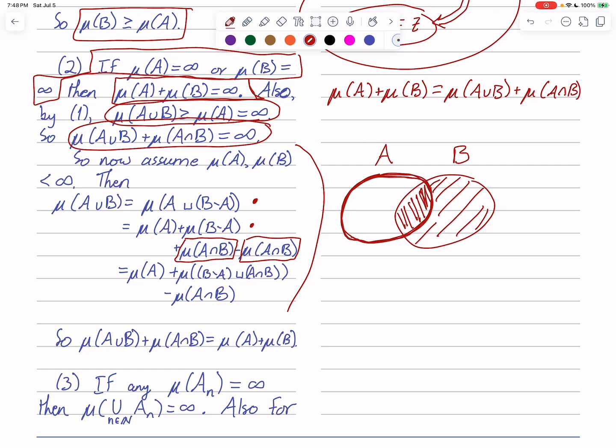Now, I do want to point out while we're here that I can only do this move because the measures are assumed to be finite. If they were infinite, we might be looking at an infinity minus infinity case, and that is not defined. So anyway, because these are finite, I'm free to make this move. Okay, what I do next is I take these two terms, right?